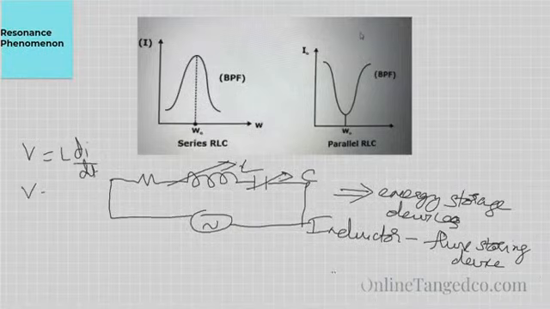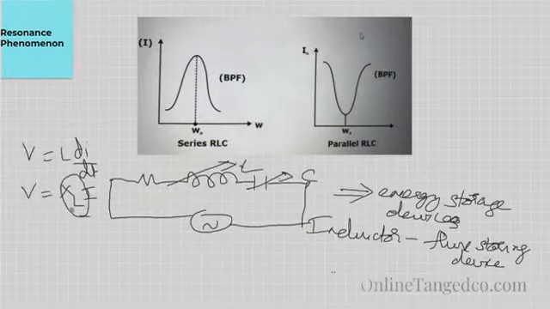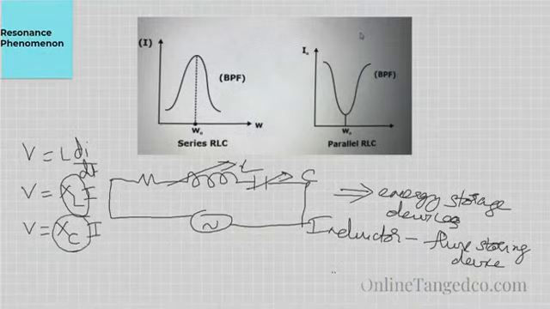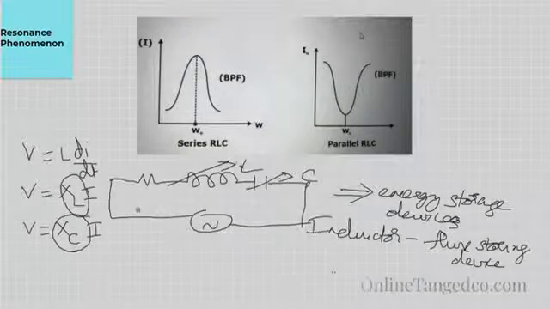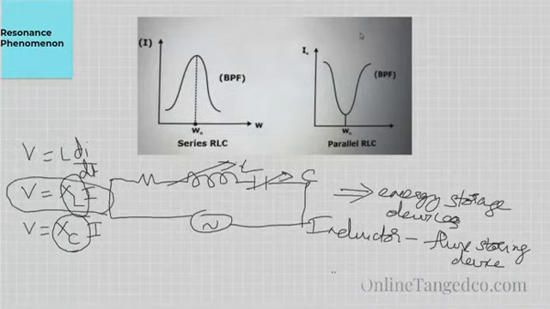So we can write this as XL into I. Right. So this XL is the impedance offered by the inductor. Similarly, when we talk about the capacitor, the impedance offered by the capacitor is XC into I. So this is the voltage developed across the inductor and the capacitor.